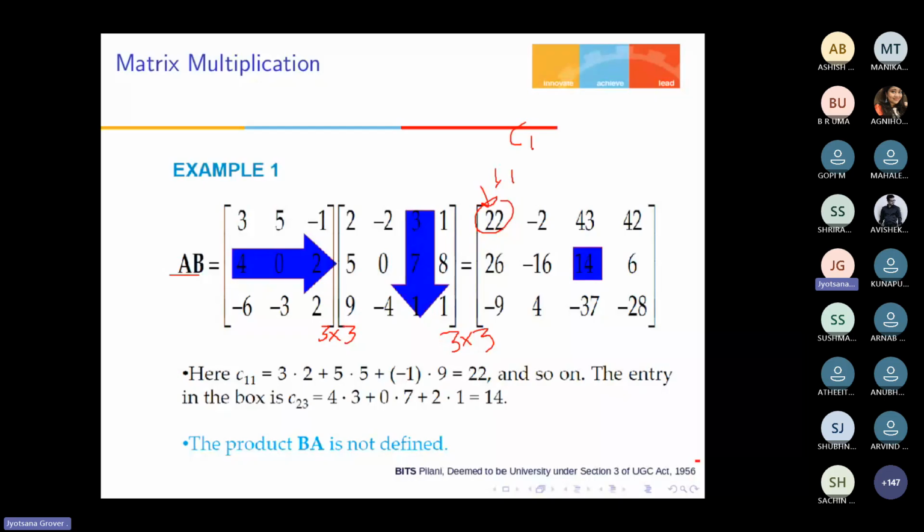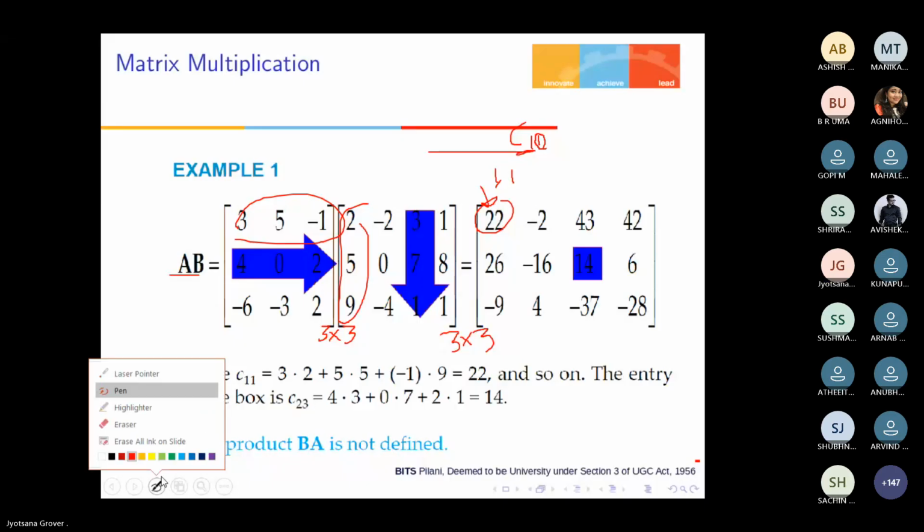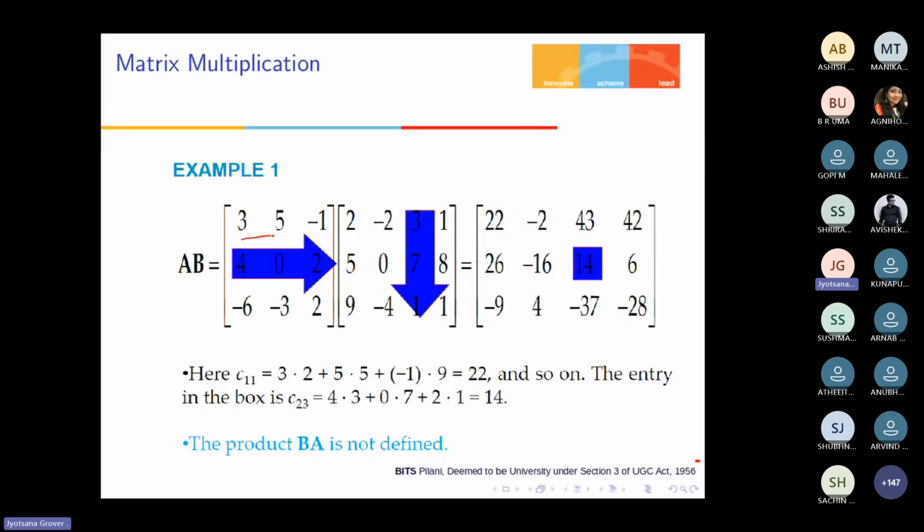C11, this index, means take the first row of A and multiply it with the first column of B. So what do you get? 3 into 2 is 6, plus 5 into 5 is 25, and this into this, minus 1 into 9.